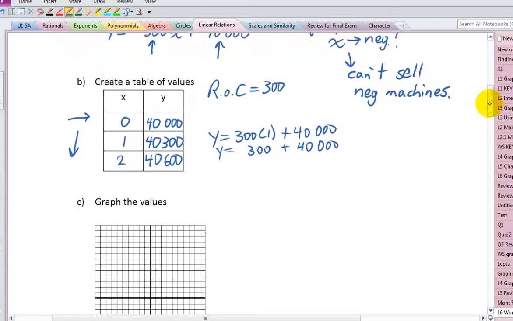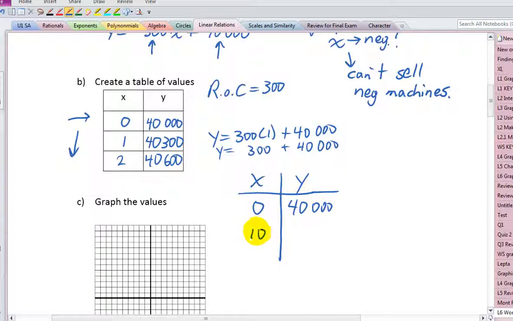Now, speaking of choosing smart values, going up by ones seems a little ridiculous. What we could do is go up by tens. So 0 would be 40,000. 10 would be what? 43,000. And what about 20? That would be 46,000.